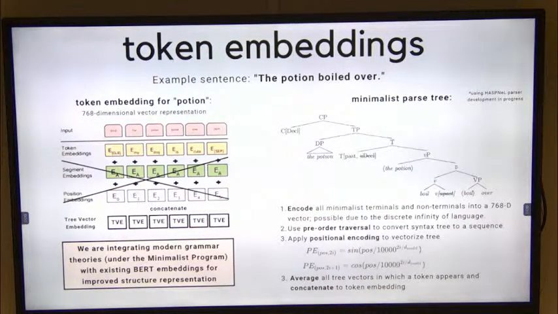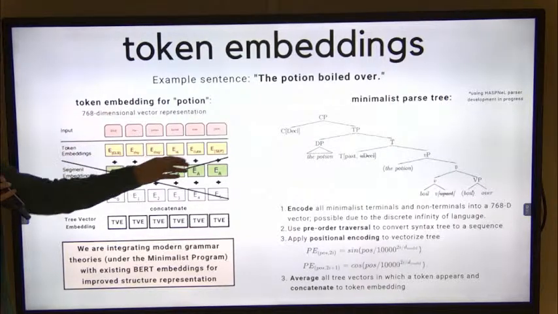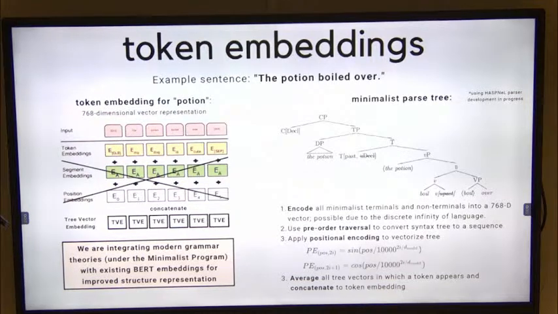So right now there's systems like BERT, which generate some embeddings. So you have the sentence input, in this case "the potion boiled over", where each token is represented by a 768 dimensional vector. And the way they calculate that is they have a token embedding which contains information on the semantics of the token, some segment embeddings, and then a positional embedding.